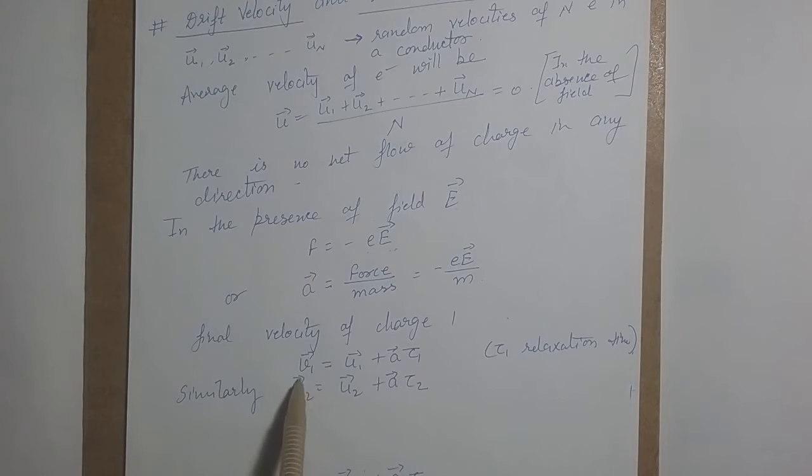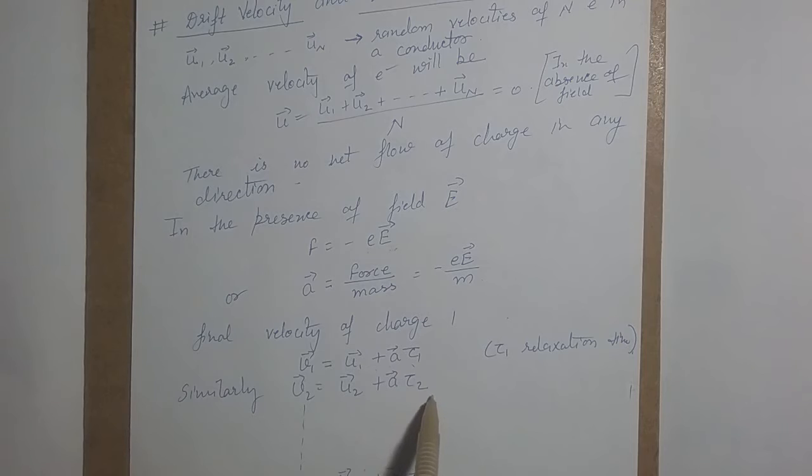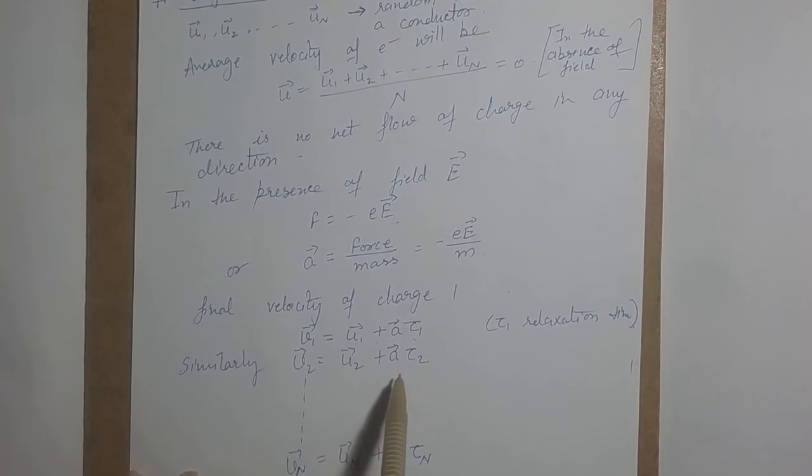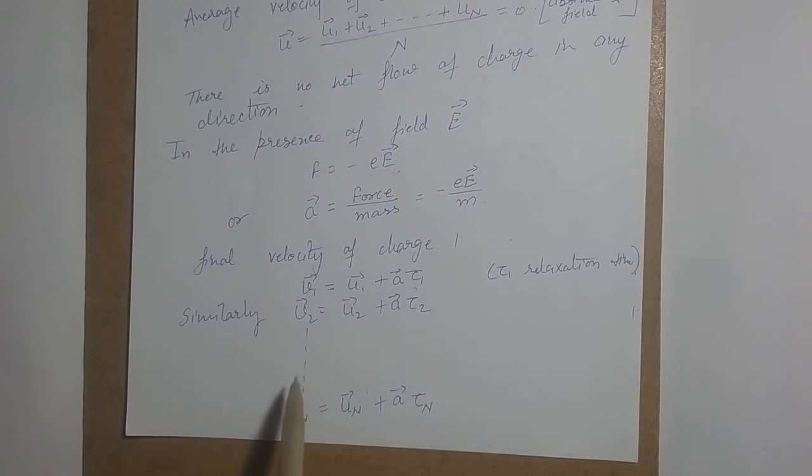So the final velocity acquired by the electron during this time with acceleration a will be v1 equals u1 plus a tau 1, and this is nothing but our first equation of motion. Similarly, the final velocity before the next collision for the second charge will be v2 equals u2 plus a tau 2, and similarly we will have the final velocity for n number of charges.